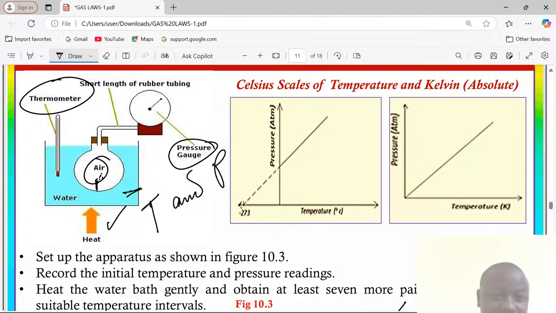To avoid that as a source of error, we ensure that the tube we are using is as short as possible, so that if it contains air at a different temperature, that air will have negligible effect on the general temperature inside the flask.